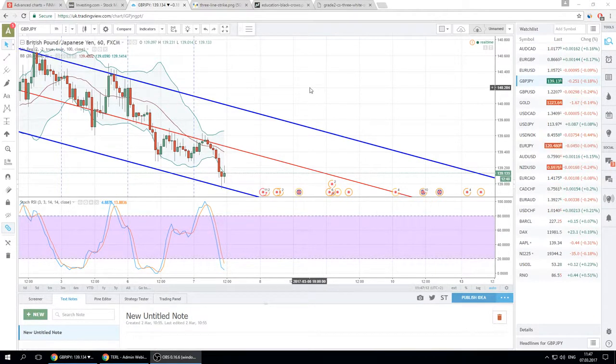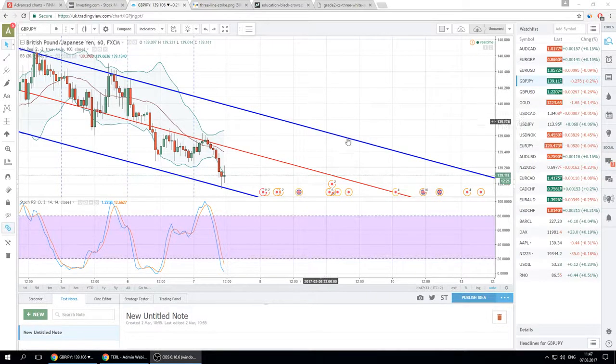I would like to know that you are able to find them, to notice them, and to open trades based on that, in order to understand the importance of these patterns and how they work.